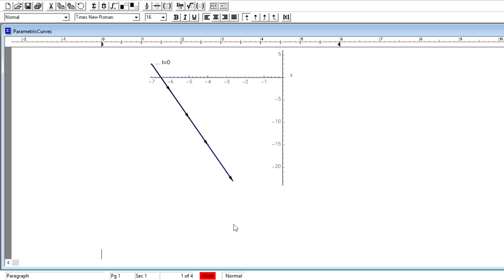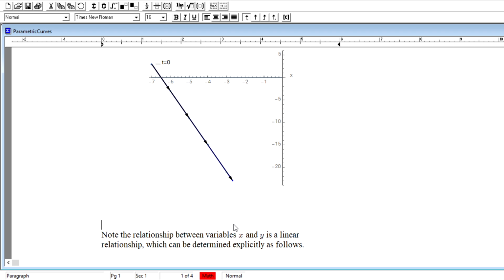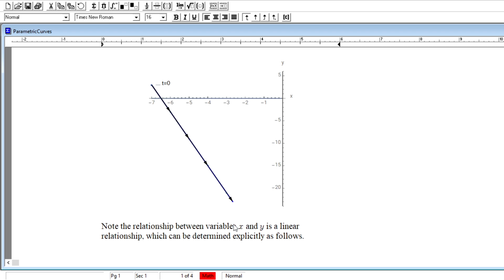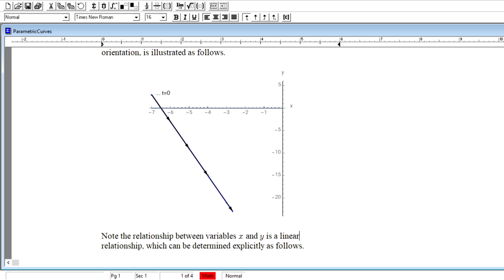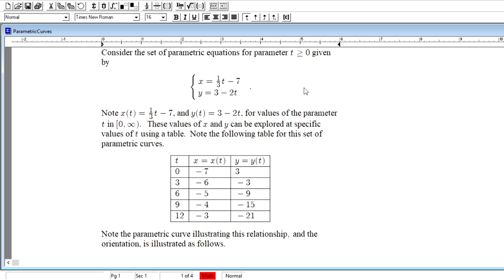Note, you could go on to consider also what would be the corresponding linear relationship being illustrated here between variables x and y. What we do have here, by having x relate itself to t and y relate itself to t, is an underlying relationship between these values of x and y.